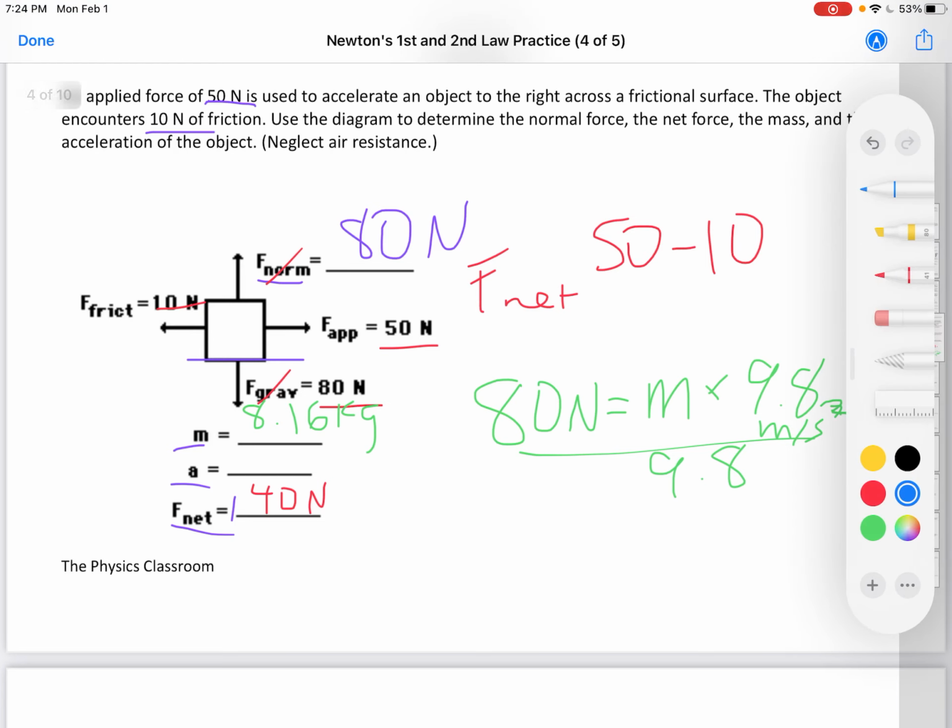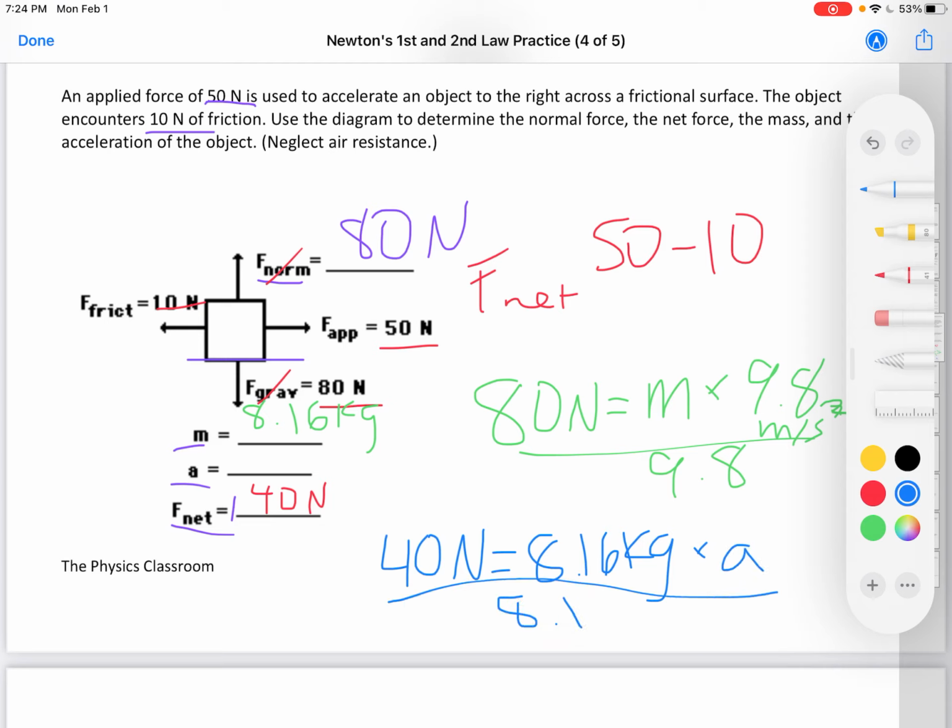For me, I'm just going to write it out first. So our net force was 40 newtons. Our mass is 8.16 kilograms, and we are looking for our acceleration. So I'll divide both sides by 8.16 kilograms, so we can get our acceleration by itself on one side.